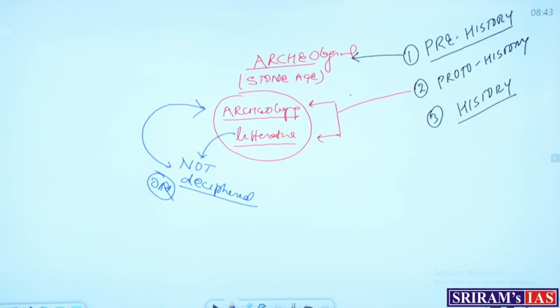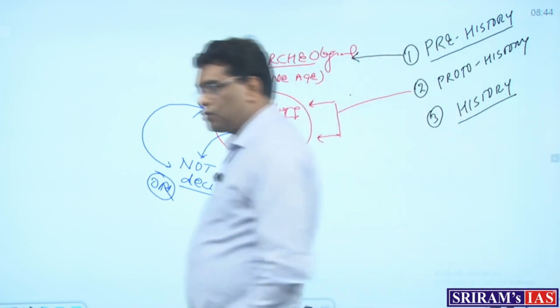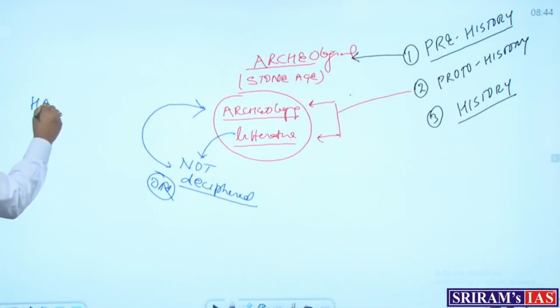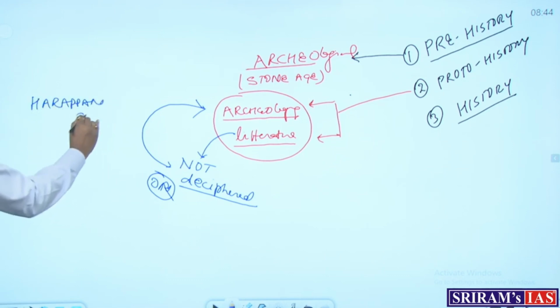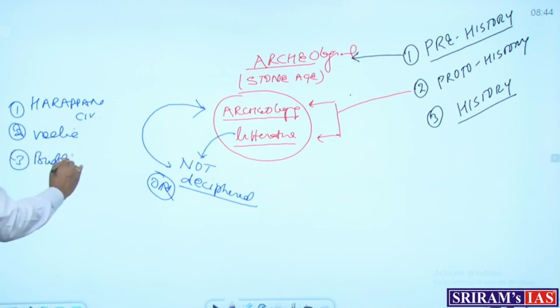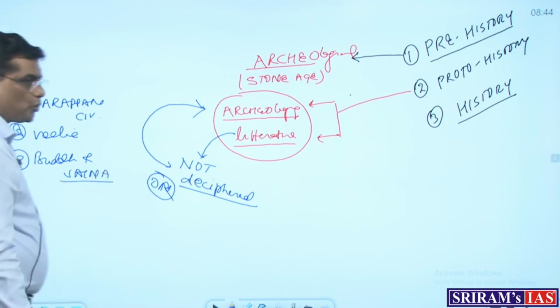Buddha and Jaina as well. So this is called proto-history. In proto-history, we have Harappa, that is Indus Valley civilization, Harappan civilization. Like we have the Vedic period, like we have the age of the Buddha and Jaina. These are considered as proto-history.